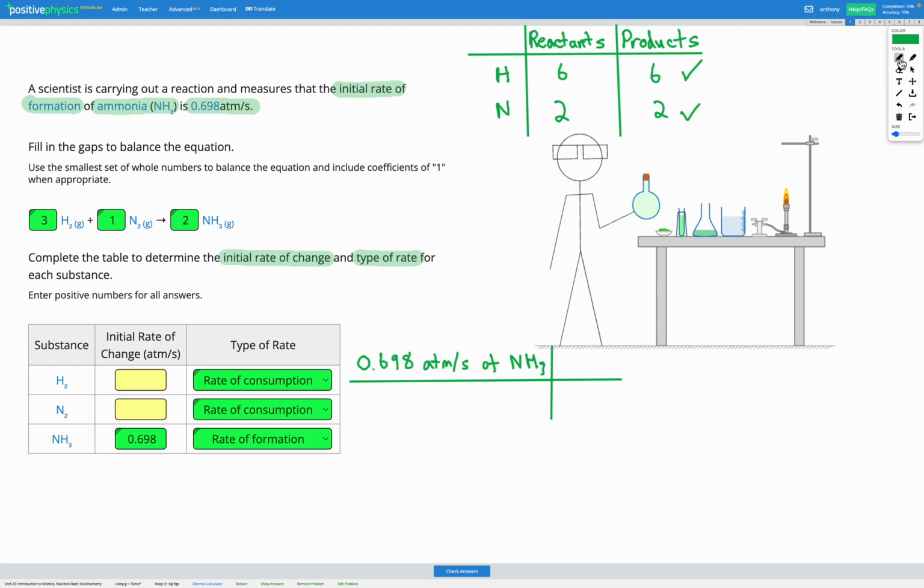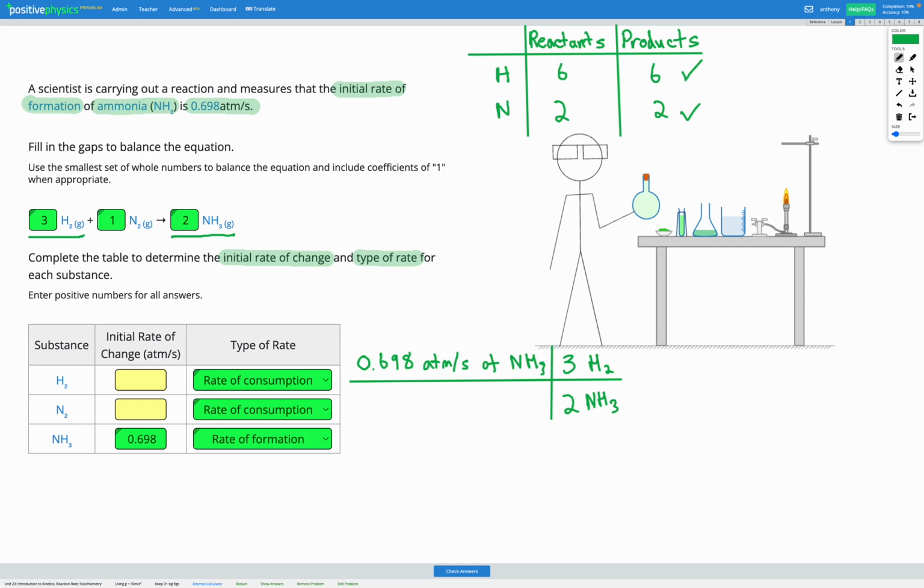And if I look in my balanced chemical equation, if I want to look at hydrogen, for every 3 moles of hydrogen that are used up, I get 2 moles of ammonia made. So that's going to be my ratio I'm using in my conversion table down here. I want to get rid of ammonia and I want to end up with hydrogen. So that's why I've got hydrogen on the top and ammonia on the bottom, so it'll cancel out. Then I'm putting in my numbers. For every 3 hydrogen that get used up, we make 2 ammonia.